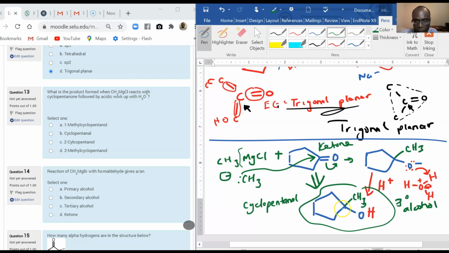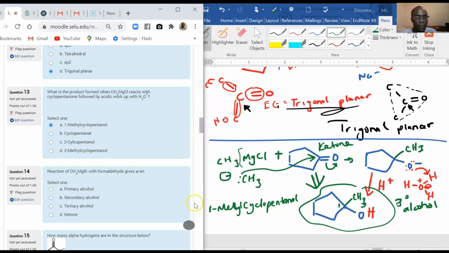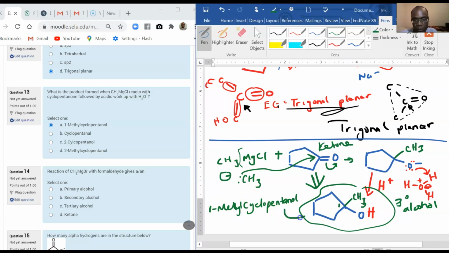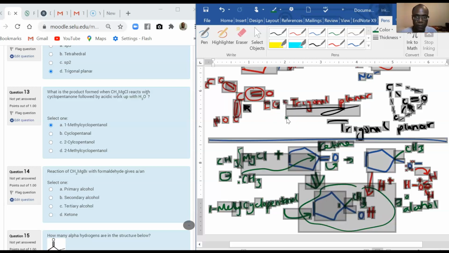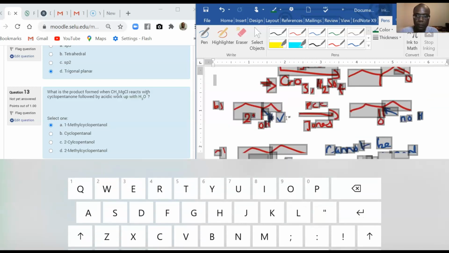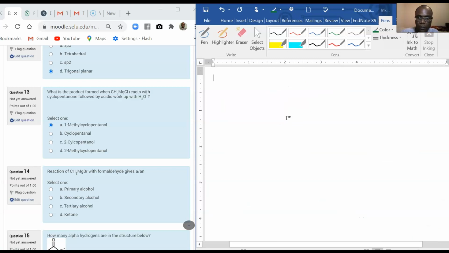We know that, but the methyl group happens to be on the same carbon, so it's 1-methylcyclopentanol. That will be the product, which is this. All right. So let me clear up this page so I can use it for the next question.